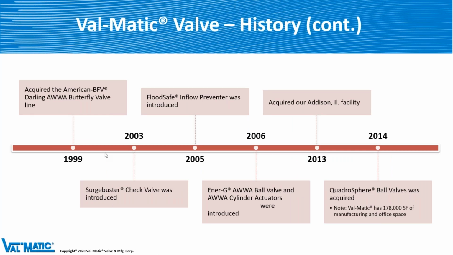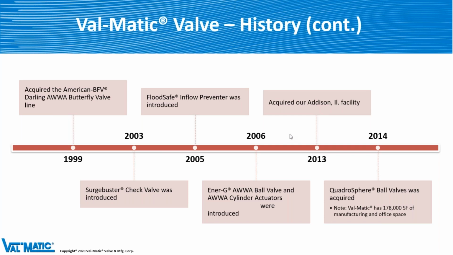After that, we acquired the American butterfly valve, the American Darling butterfly valve. Then we came up with the Surge Buster check valve, which we'll talk about briefly later, Flood Safe, and the flood preventer. Our AWOL water ball valve is very good in sludge applications and wastewaters, so that fits nicely into industrial.